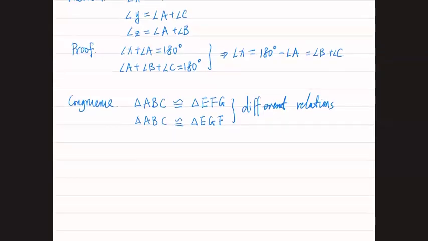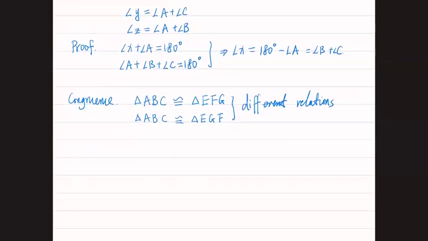Okay, they are different. To determine when two triangles are congruent, there are 6 conditions, but the side-angle-side theorem tells us we only need 3 of them.